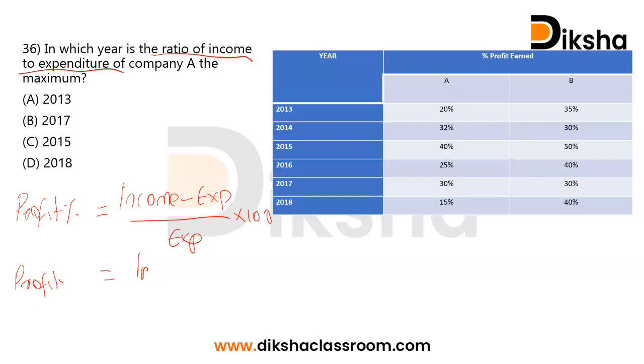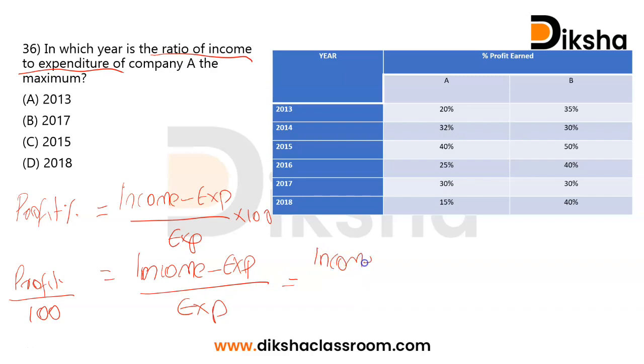Here, profit by 100 equal to income minus expenditure by expenditure. This can be further split as income by expenditure minus expenditure by expenditure, which can be further written as income by expenditure minus 1.